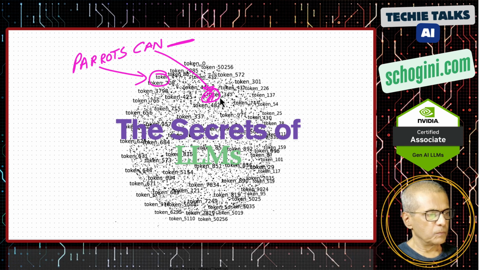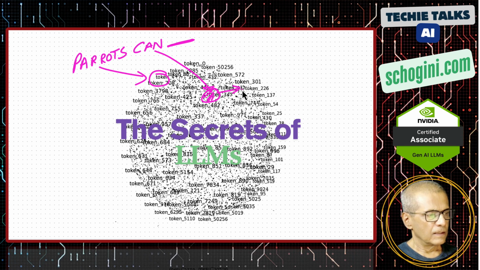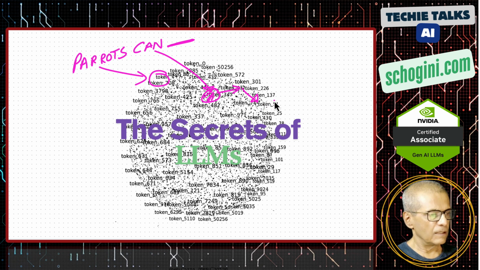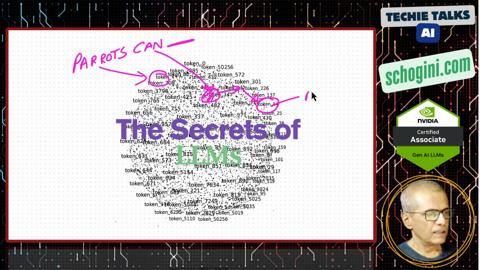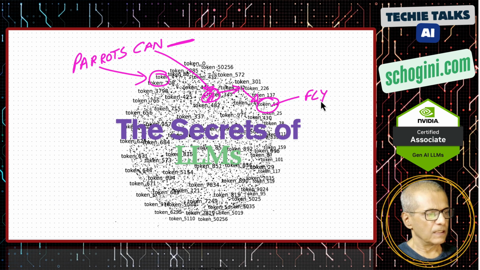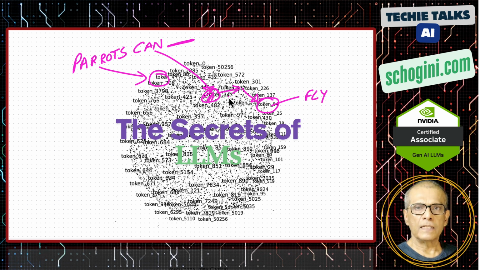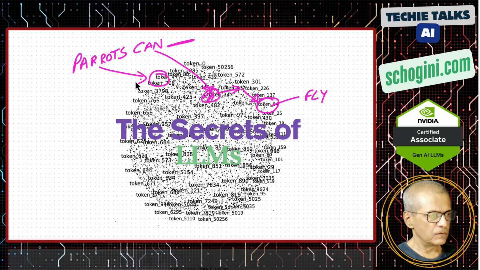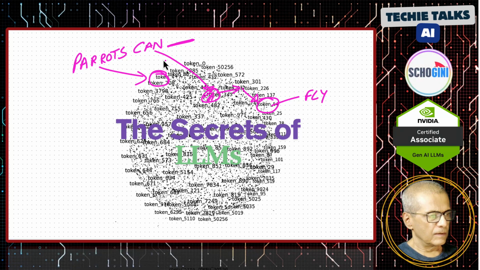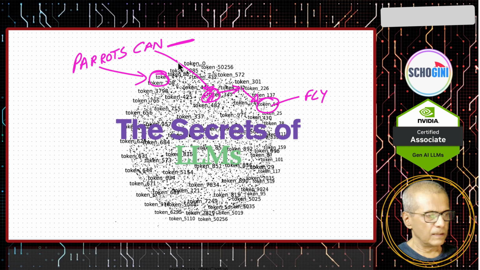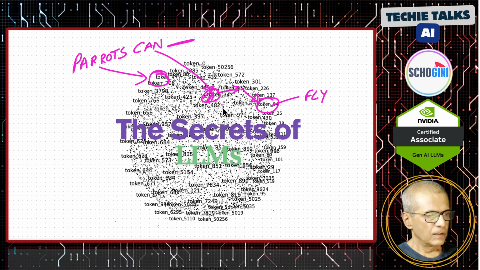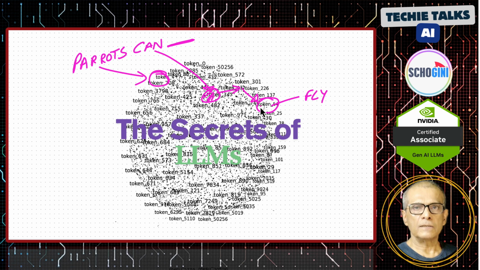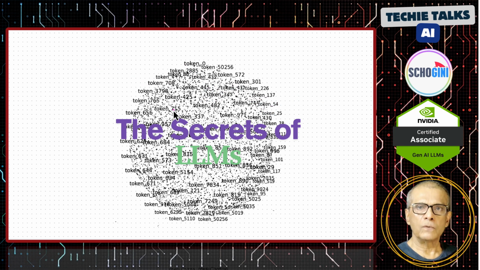Whole aim is to push this can to some contextually relevant location where our needed word is present, like fly. Then it generates the words: parrots can fly. So our aim is to get the final word pushed closer to the next word. That is our aim. Okay, so let's see how it happens.